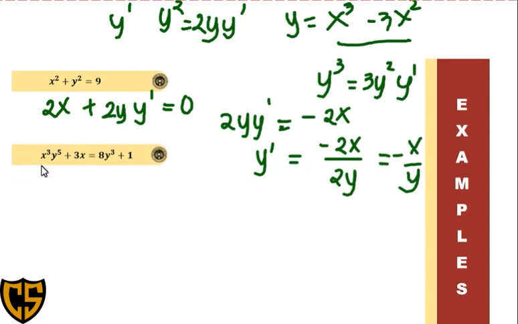So for example, we have another example nga naay ang x kag y. So we have x cubed y to the 5th plus 3x is equals to 8y cubed plus 1. So this time, naka-product rule kita pero naay upod siya nga y. So this time, kabalo ka nga kung naay ang x kag y sa imong function, this will be implicit differentiation. So, paano na siya?